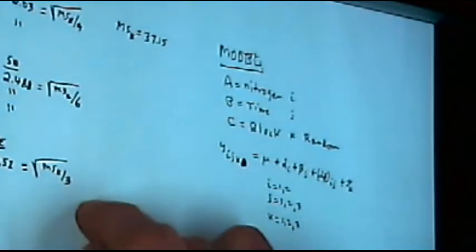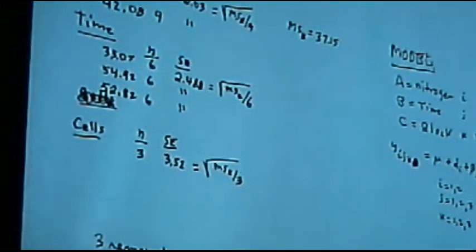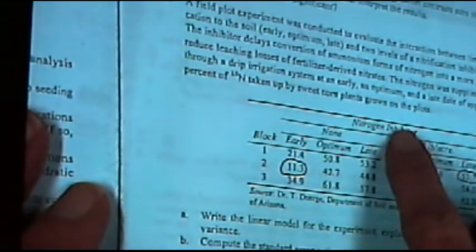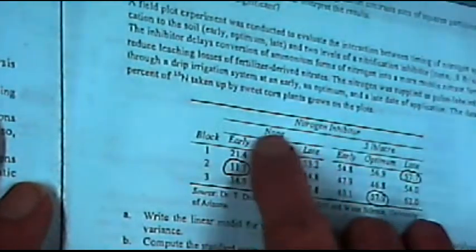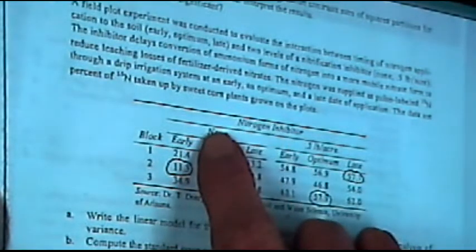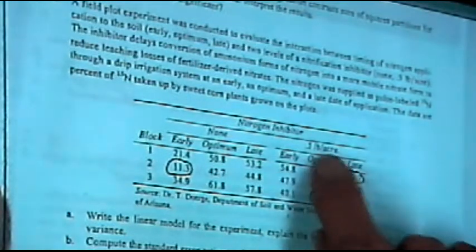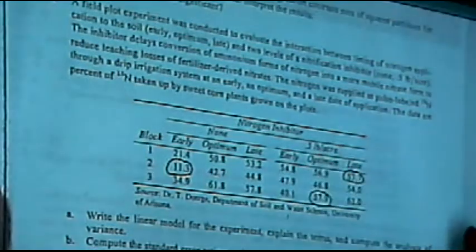Now it asked for some standard errors for means, and so on the top variable, nitrogen, we have to consider the mean of all the data when the nitrogen is zero, and then the other one is the mean of all the data when the nitrogen is 0.5. And so those means are these numbers here.